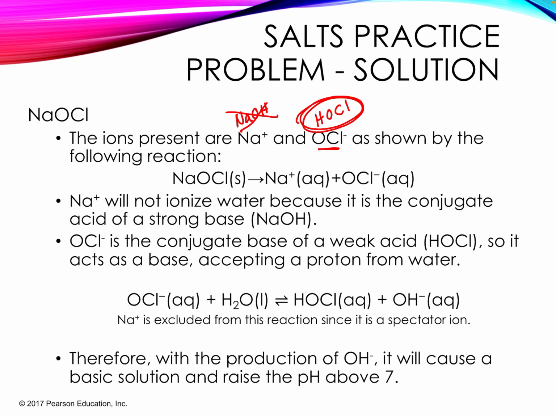So since it's an anion from a weak acid, that is going to be a conjugate base. This is our acid, this is our conjugate base. And when we put that anion in solution, it can ionize water and produce hydroxide. Therefore, since it's producing hydroxide, it will cause a basic solution and it will raise the pH above 7.